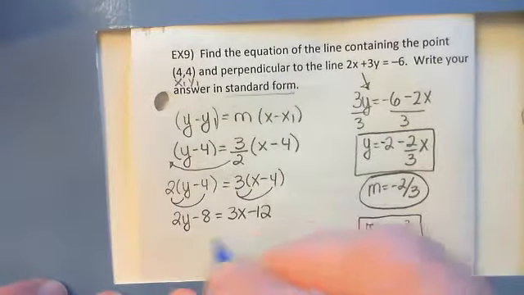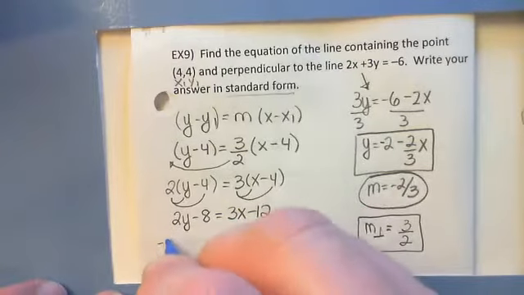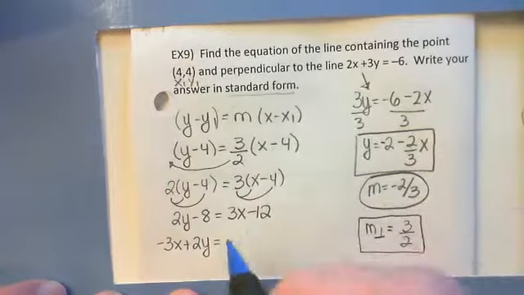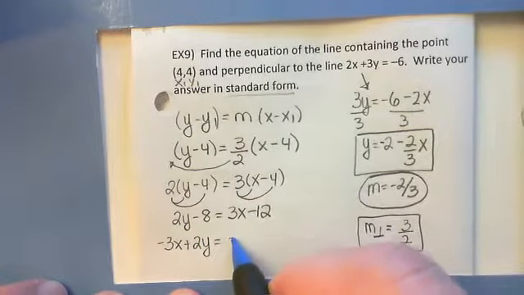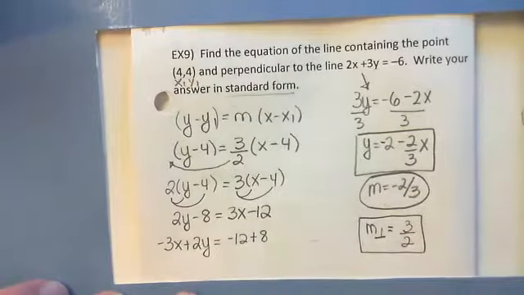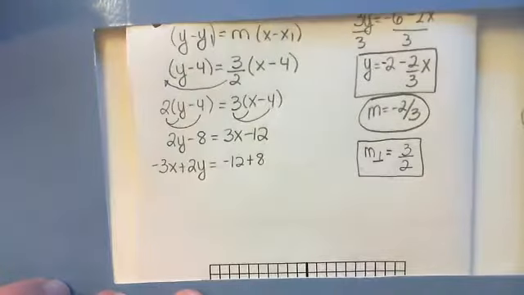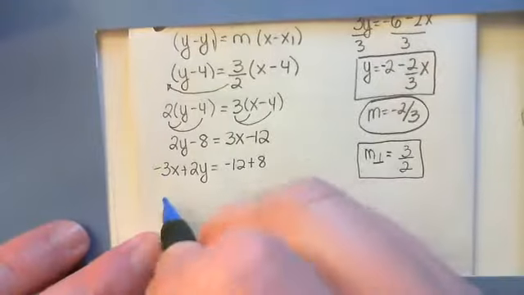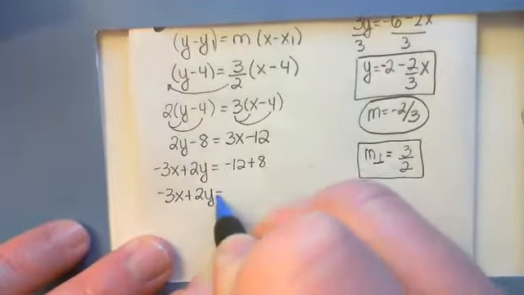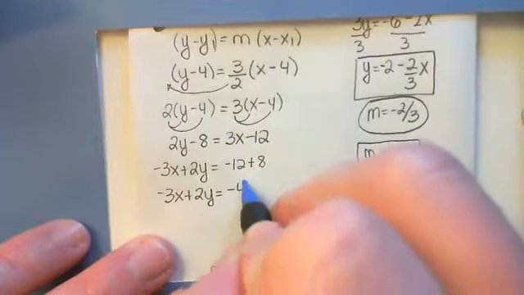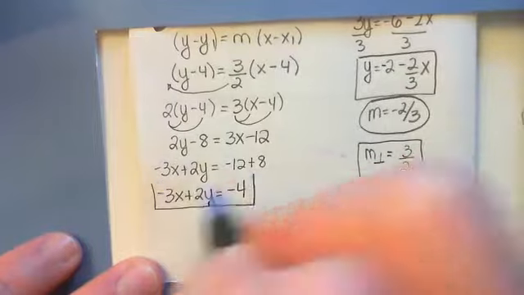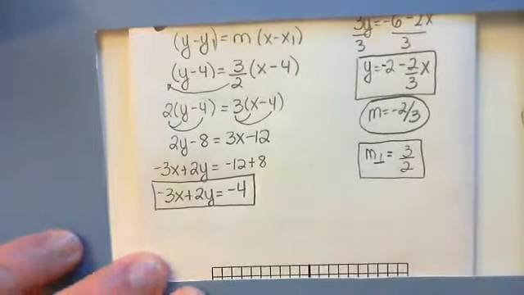And then we're going to move the 3x to the other side, so it'll be minus 3x plus 2y. We have the negative 12 on here. We're going to move the 8 to be positive 8. So now this would be negative 3x plus 2y equals negative 4. That would be the equation of the new line in standard form.